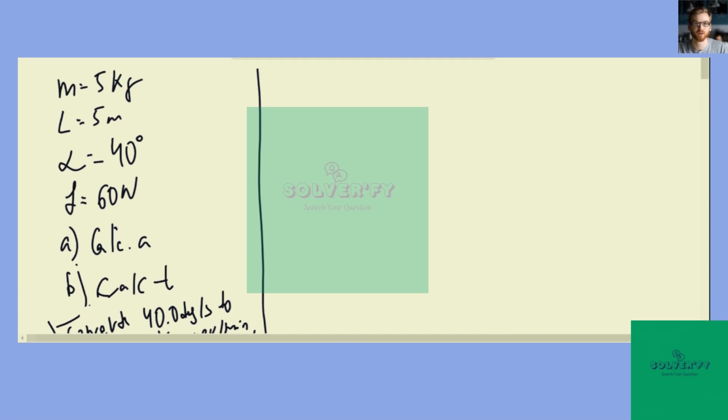Solve two problems. In the first problem, the mass is on the top of the incline with an angle alpha and length L, and we have to calculate first the acceleration of this mass.